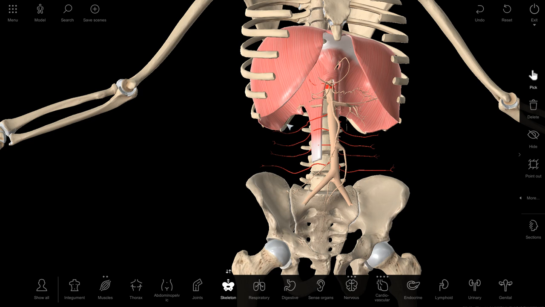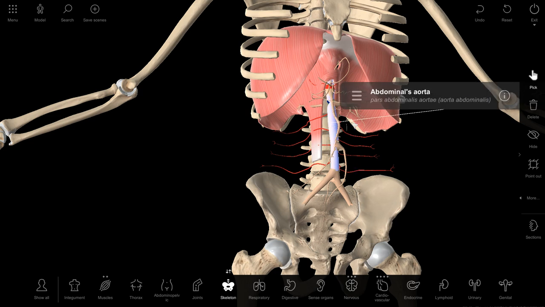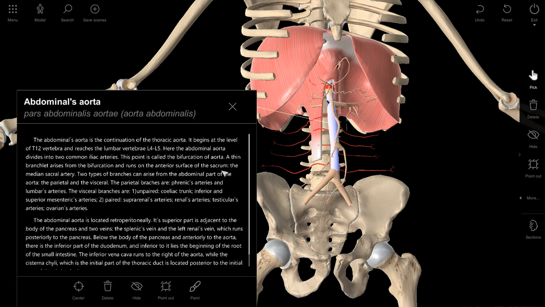And now let us continue information about abdominal aorta.